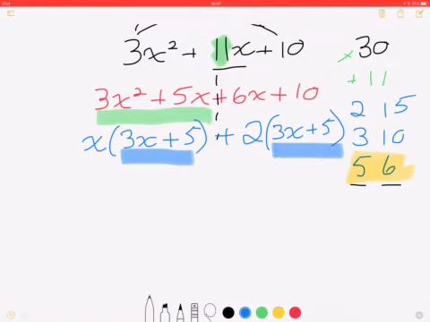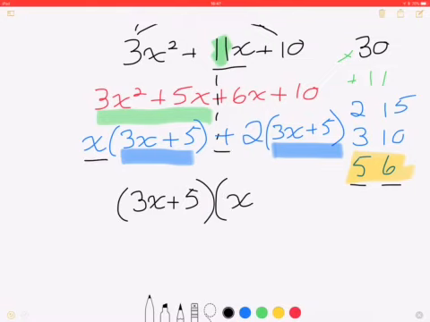So that's a common factor now to both x and plus 2. So to finish off, 3x plus 5 is common to both, and I've taken that out, so I need to open my brackets, and that's x, and that's plus 2, and I've finished it off.